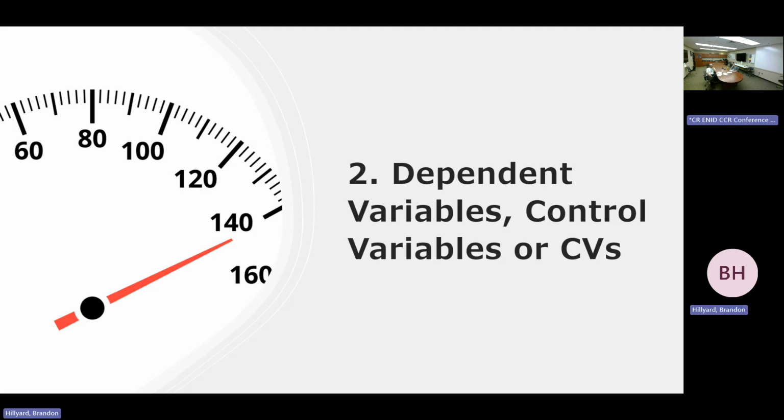Then one of the other major components is dependent variables. These are your control variables, or we call them CVs. These are the things that are directly impacted by your independent variables, such as the MVs or feed forwards. And thus, you can control them, or at least predict how they are going to be impacted by the independent variables. So in a car, what are those things?